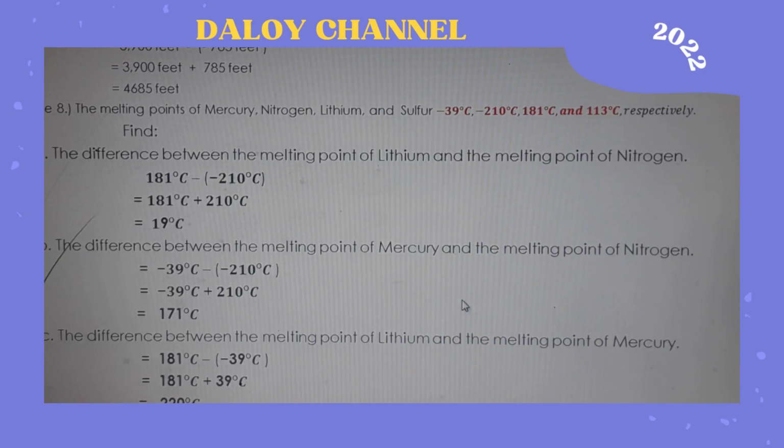The melting point of lithium is equivalent to 181 degrees. That is to be subtracted by negative 210 degrees Celsius. So the statement now becomes 181 degrees Celsius minus or plus 210 degrees Celsius.